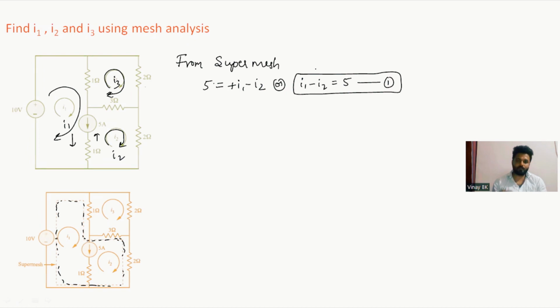So after writing the super mesh equation, next you need to write the equation from the super mesh loop. The super mesh loop is nothing but removing this super mesh branch.